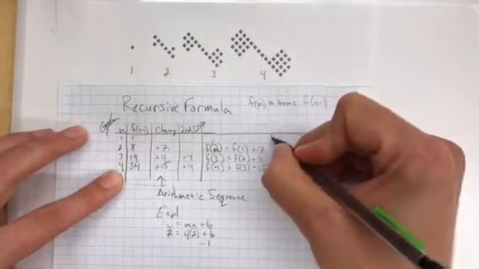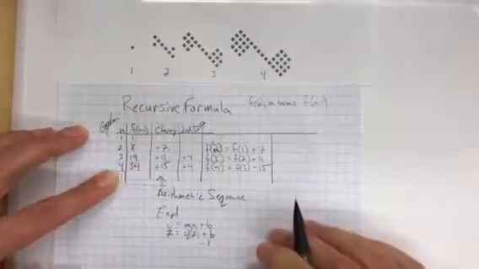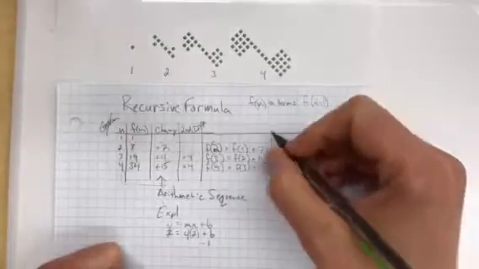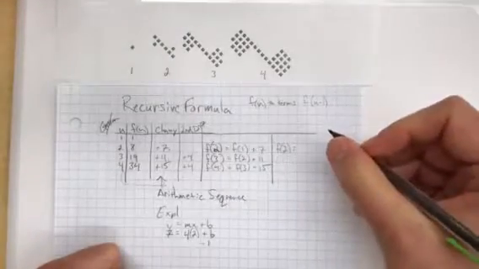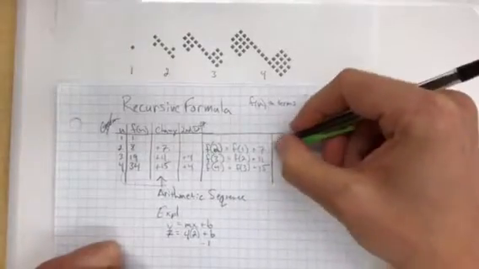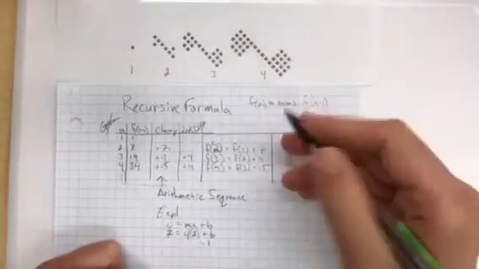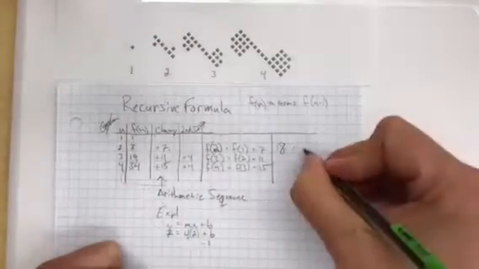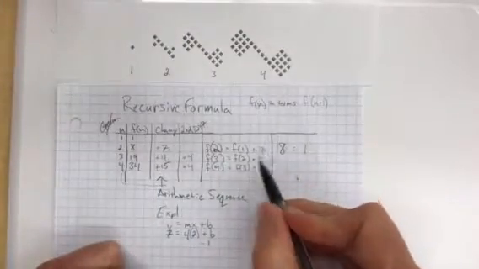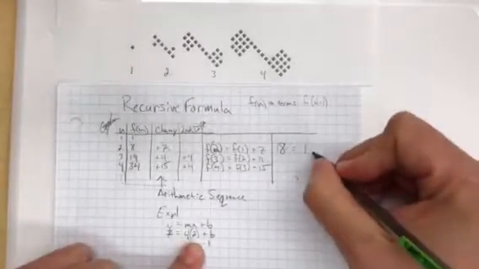So let's test this out. Okay? F of 2 is 8. F of 2 is 8 equals f of 1, 1 plus our formula 4.